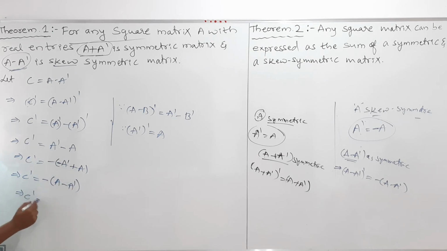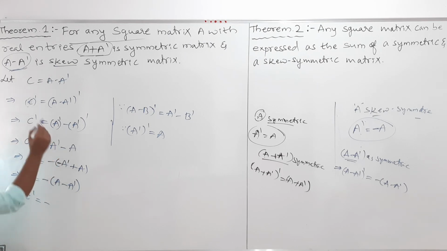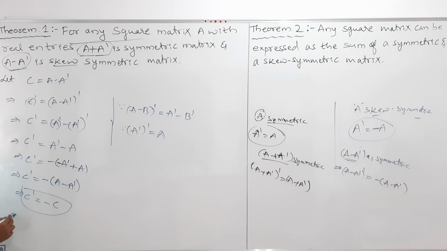So this implies C transpose is equal to minus (A minus A dash). A minus A dash is nothing but C, what I assumed. So therefore my dear students, this implies I proved C transpose is equal to minus C. What we know?